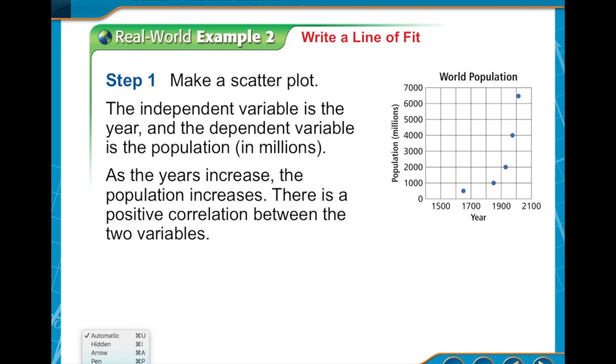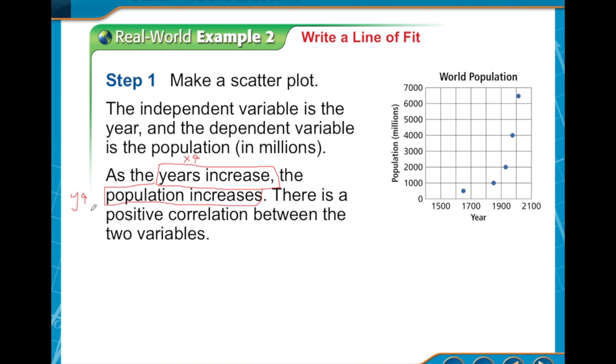So, what do we notice here? As the years increase, as the x's, in other words, go up, our population also increases. So the population, that is y, our y's also increase. So as x's go up, so do the y's.